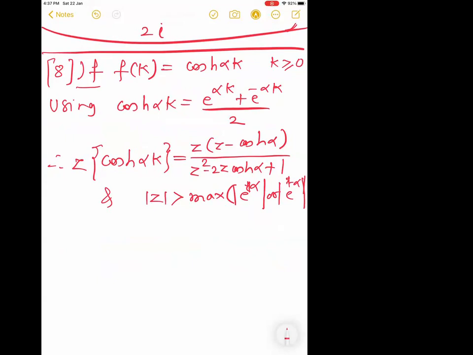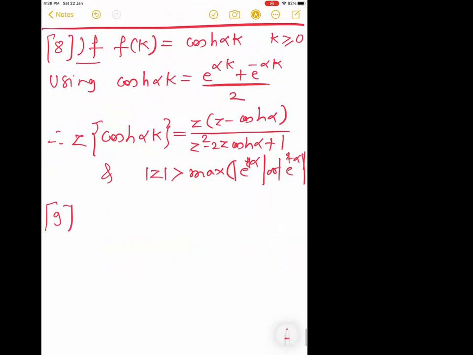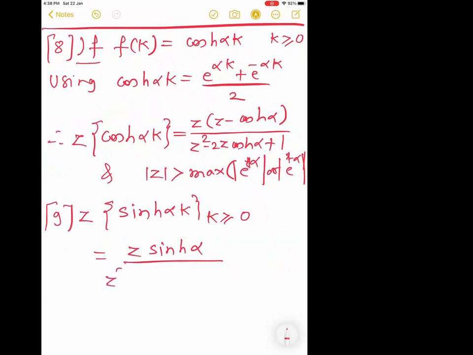Only you can just remember cos hyperbolic alpha k, and the next result is for the sine hyperbolic function. So z transform of sine hyperbolic alpha k for k greater than or equal to 0 is once again z sine hyperbolic alpha divided by z square minus 2z cos hyperbolic alpha plus 1.